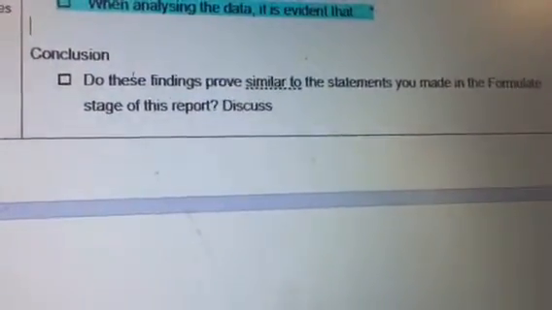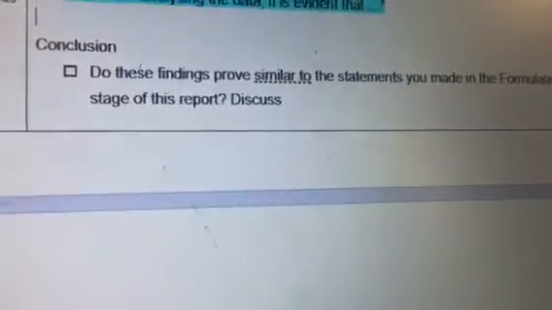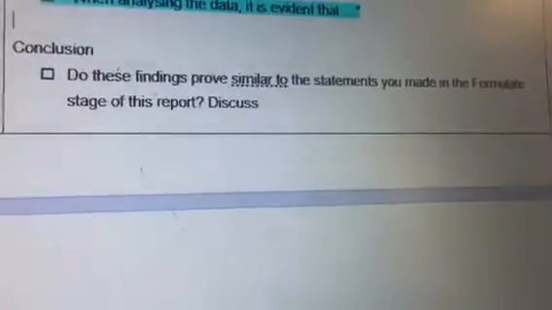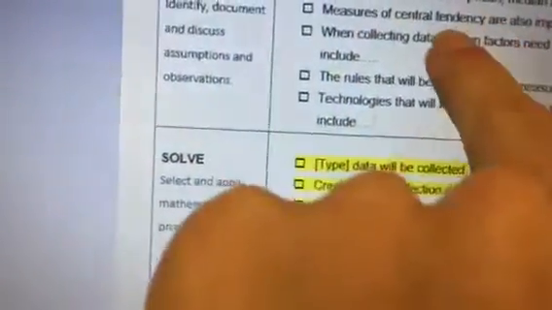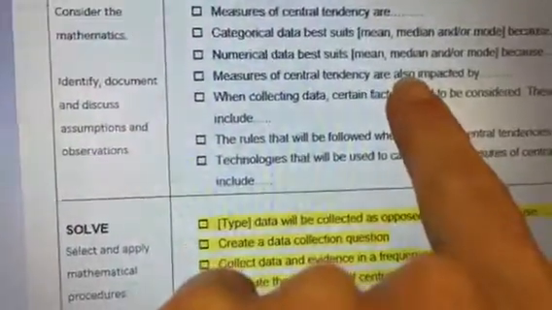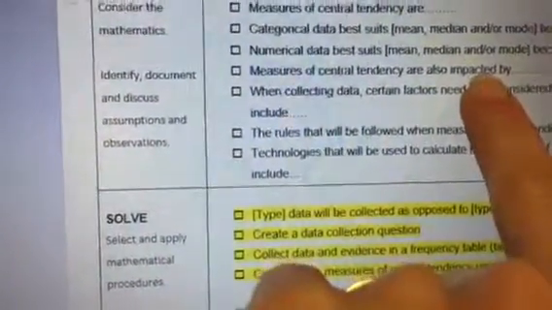Or you could say that in this report, this was proven correct. Although my data had a reliable mode, my friends' didn't. And you could go back to that fact that you actually asked other people. Okay, other statements you might refer back to is, back in the formulate stage, we had to say measures of central tendency were impacted by outliers.